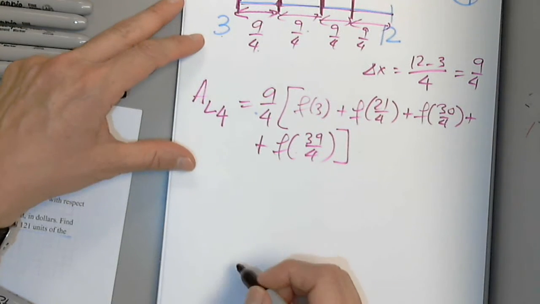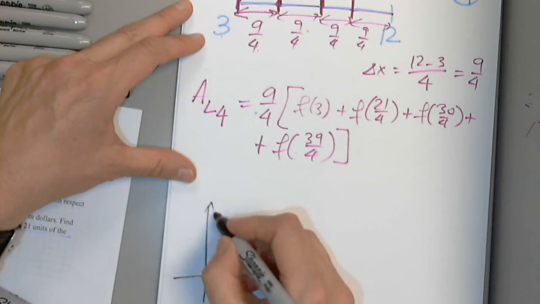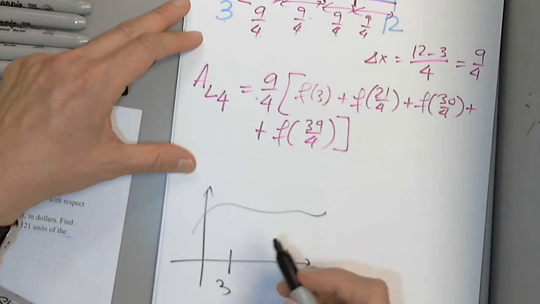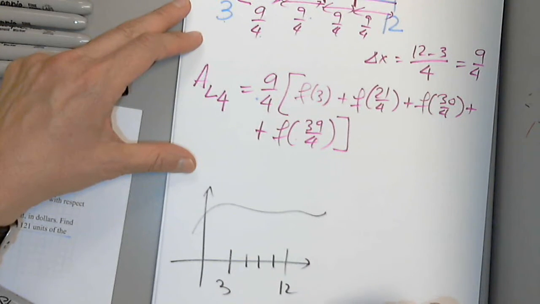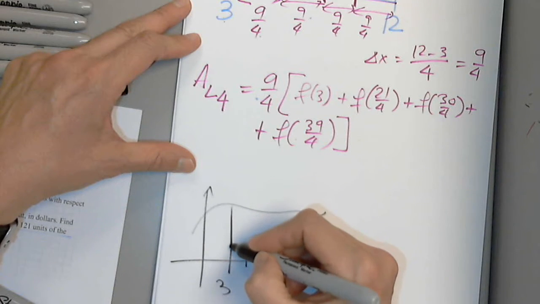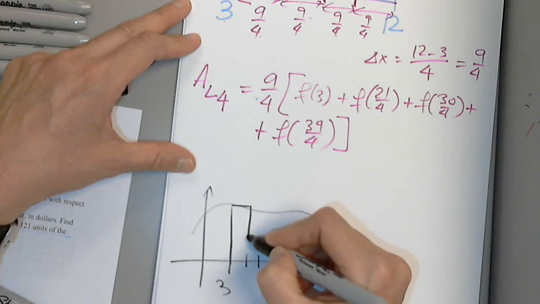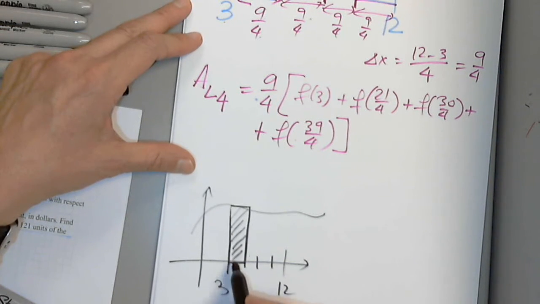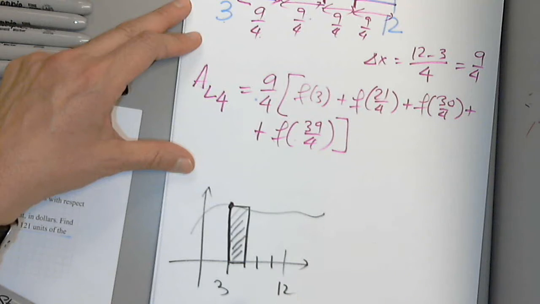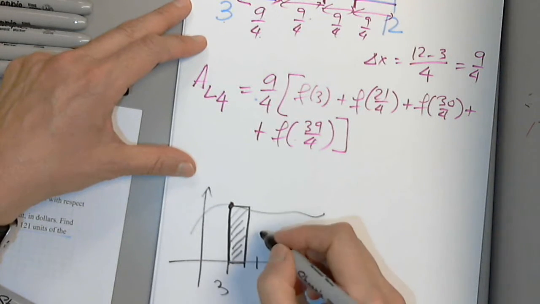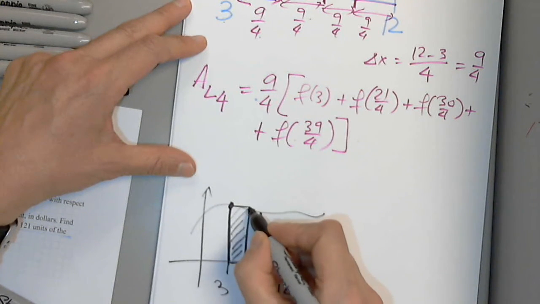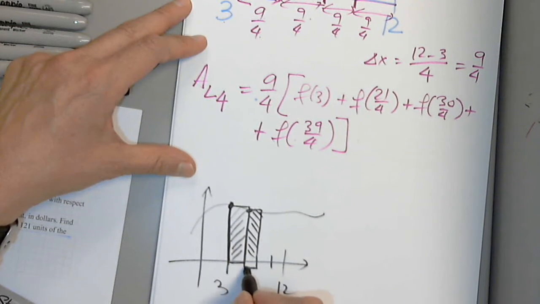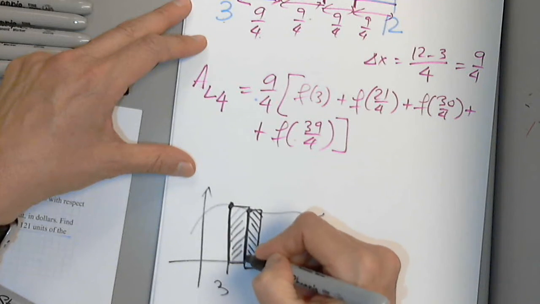Okay, so assuming that this is the function between 3 and 12, this is the function. I divide this into 4 subintervals. So this is the area of the first rectangle. Base times this height. Then the area of the next rectangle is base, which is still 9/4, times this height for the leftmost point.